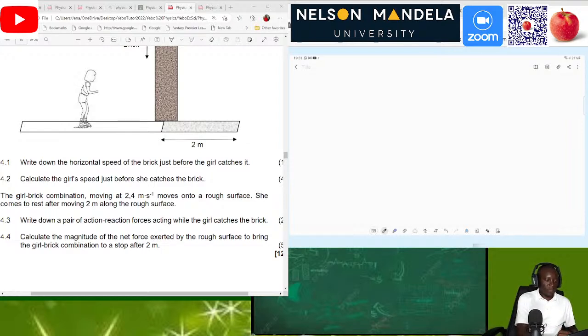So half of 57 times 2.4 squared equals the force of friction times 2 meters. We divide by 2 on both sides, and we remain with 57 times 2.4 squared over 4 equals the frictional force.